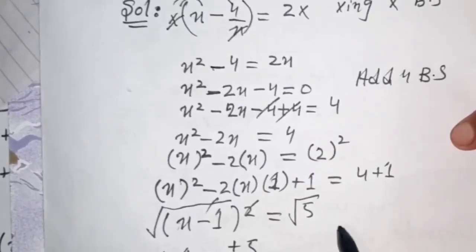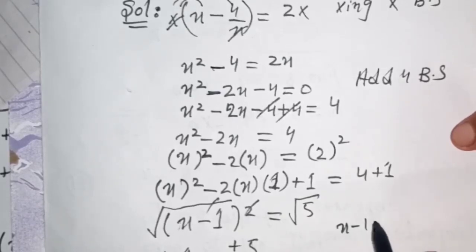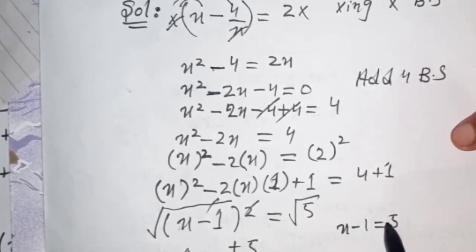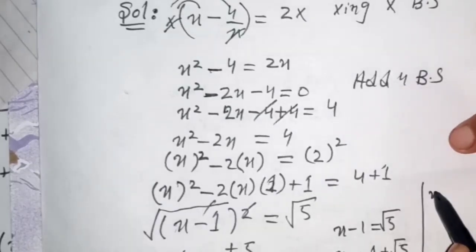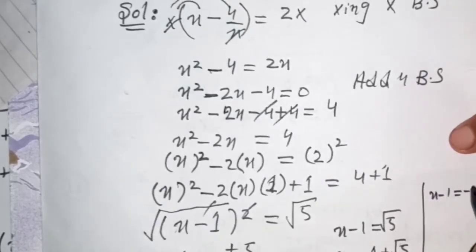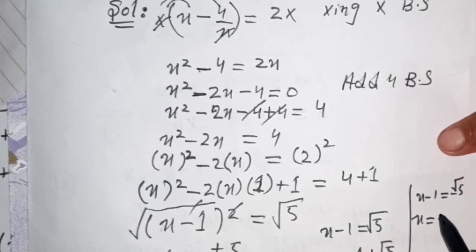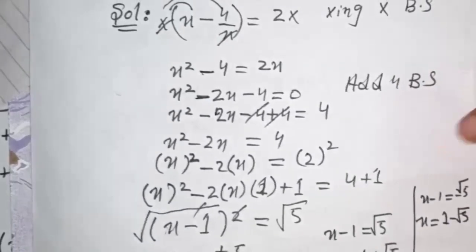So if we take x minus 1 is equal to root 5, we get x is equal to 1 plus root 5, and if we take x minus 1 is equal to minus root 5, we get x is equal to 1 minus root 5.